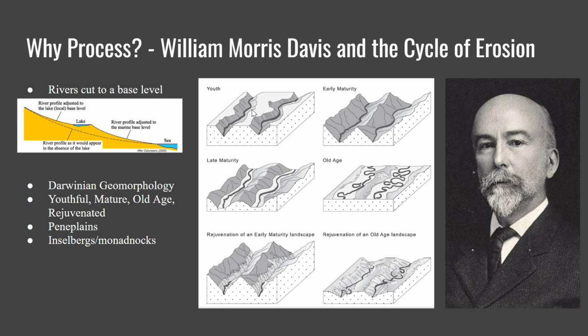So what would happen is you have this rugged landscape where rivers are down-cutting and forming deep valleys, but eventually when they've down-cut to the point that they're going to down-cut, they start moving laterally and flatten out the landscape, creating a relatively flat plain called a peneplain, and when this happens, the landscape is said to be in old age.